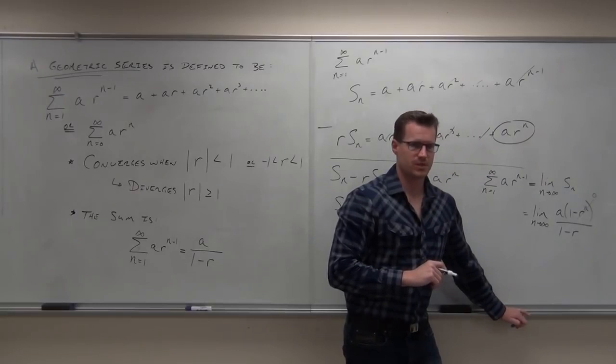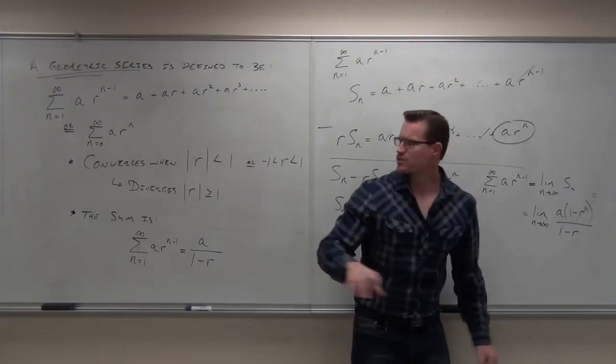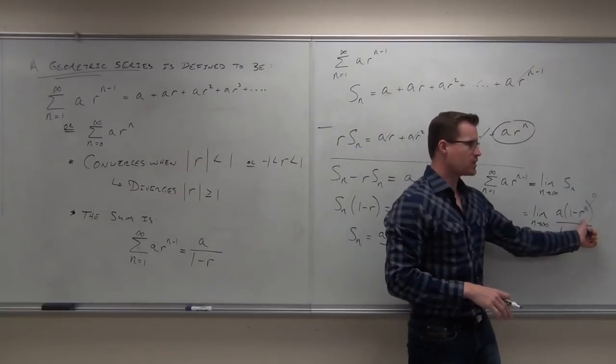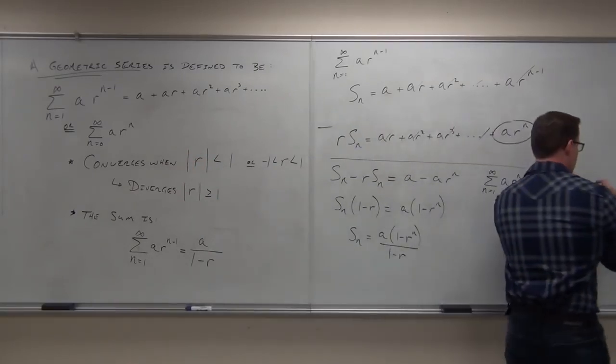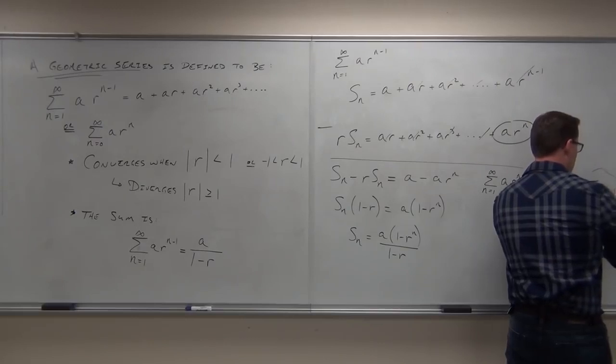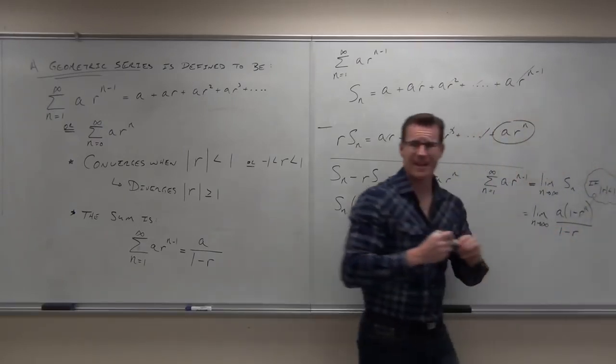When it's less than 1. What's less than 1? When it's a fraction. That's where this is coming from. If you take a fraction less than 1, so this equals 0 if the absolute value of r is less than 1. That's where this is coming from.